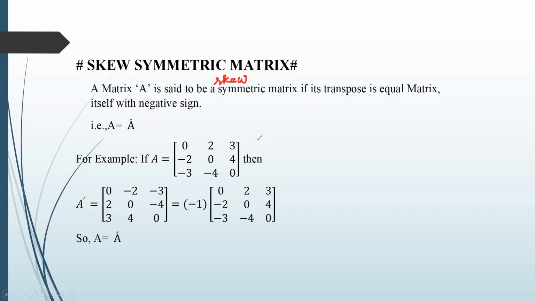Then A transpose will be, now we convert the first row with the first column, 0 2 3, second row with second column, minus 2 0 4, third row with third column, minus 3 minus 4 0. If we take minus outside, then we get 0 2 3, minus 2 0 4 and minus 3 minus 4 0, which is the original matrix. It means here A is equal to minus A transpose. Okay, so then we say that this is skew symmetric. So is that clear?